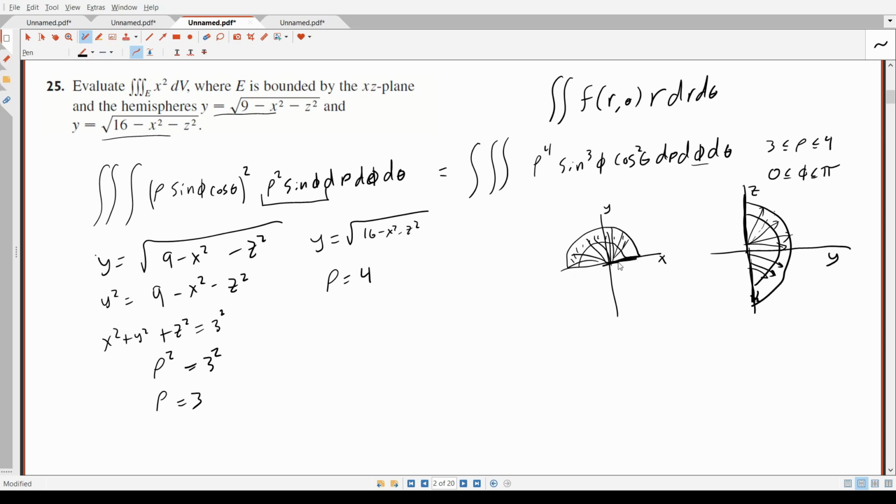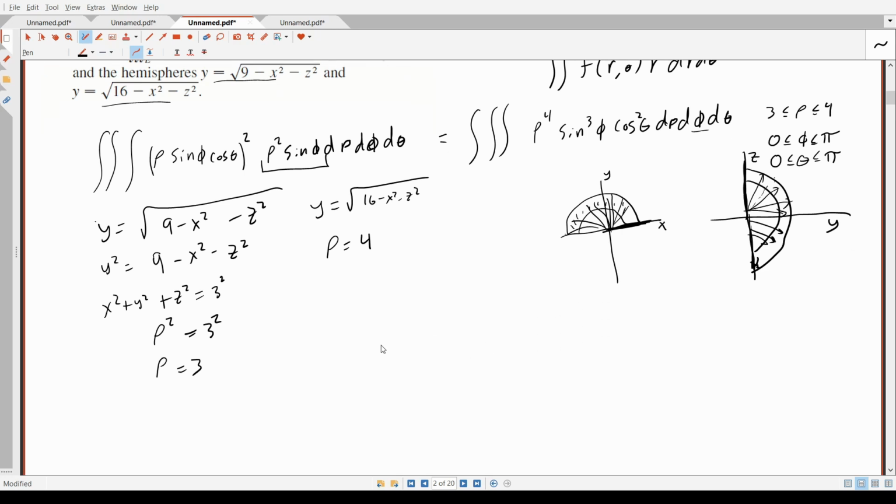It's going to start at theta equals 0, at the positive x-axis. And to describe this whole region, we have to go all the way around to here, to theta equals pi. So we're going to have the same bound. We start at 0, and then we sweep around until we get to pi. So this gives us the integral.